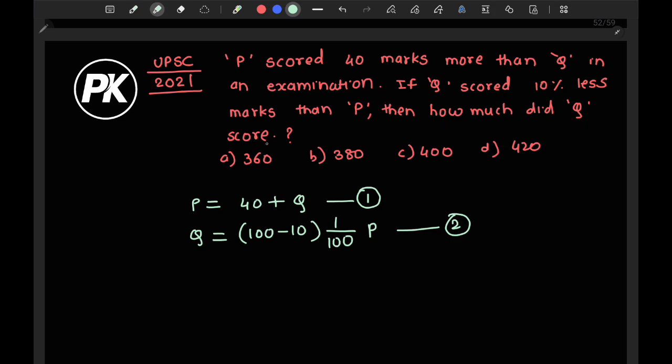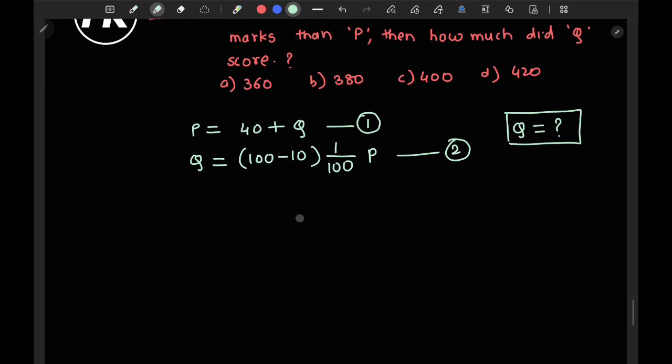Then how much did Q score? So we just have to find out the score of Q, that means the value of Q. Very easy example. Now, here we have the value of P. Just put that value of P in this equation.